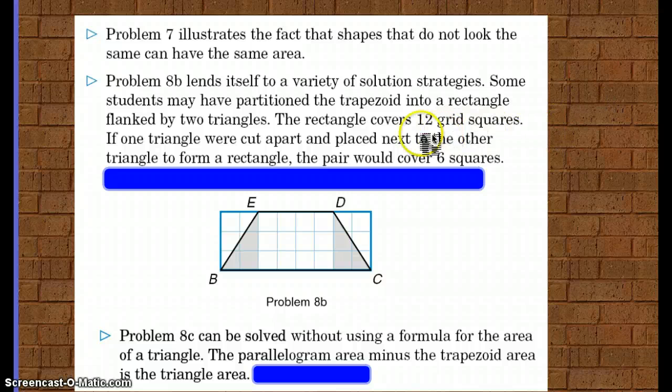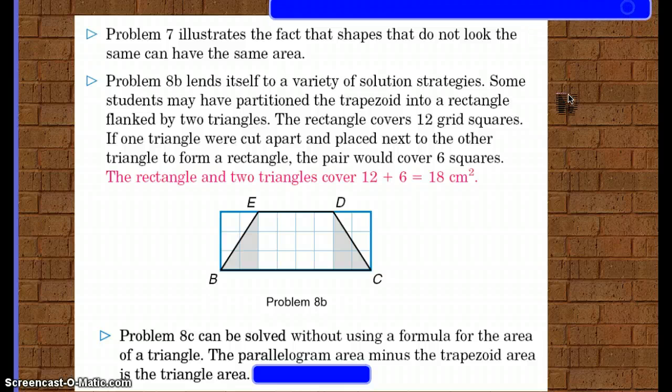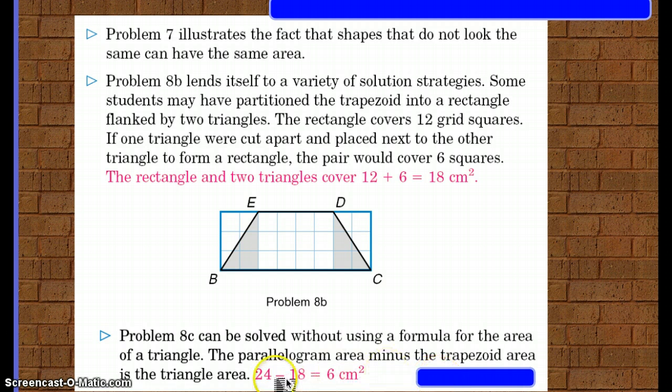If the rectangle covers 12 grid squares, and one triangle were cut apart and placed next to the other triangle to form a rectangle, the pair would cover 6 squares. The rectangle and two triangles covered 12 plus 6, which equals 18 square centimeters. And then in problem 8, again, it can be solved without using a formula for the area of a triangle. The parallelogram area minus the trapezoid area is the triangle area, which is 24 minus 18, which equals 6 square centimeters.